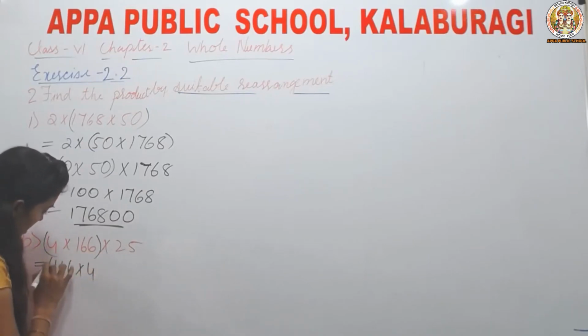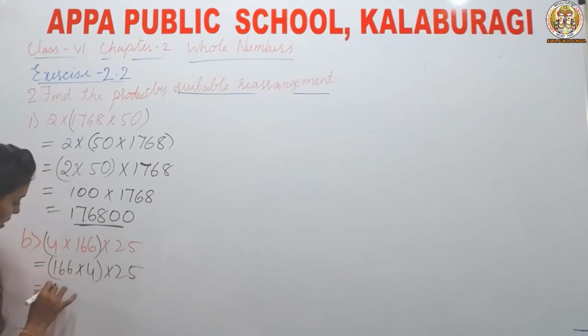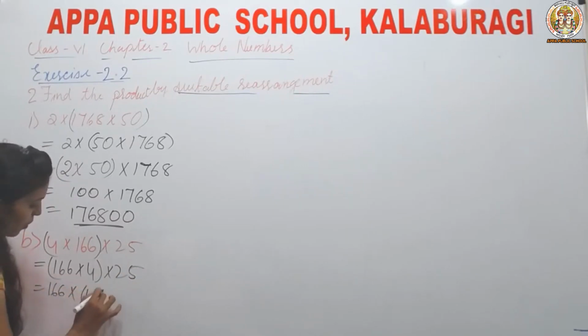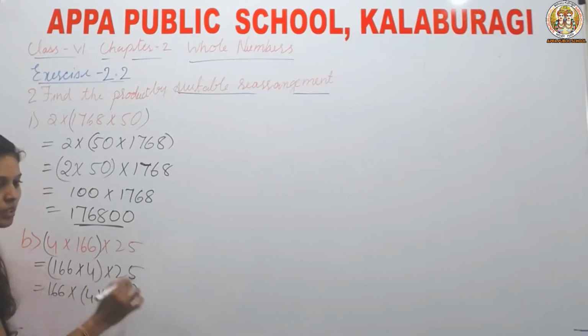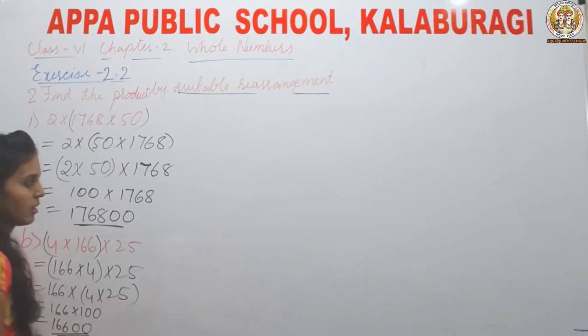So I'll get 166 into 4 into 25. Now I'll exchange the bracket using associative property. That is nothing but 4 into 25. Right? So it is nothing but 166 into 100. 166 into 100 is nothing but 166 and 2 zeros. 16,600. Okay?